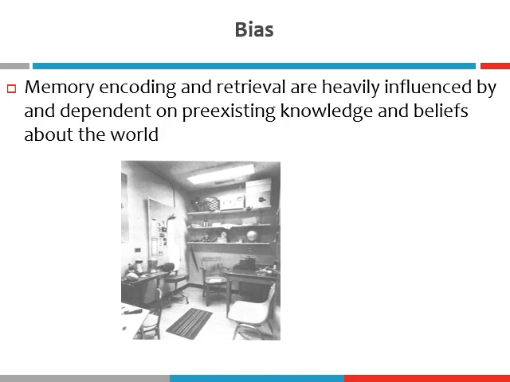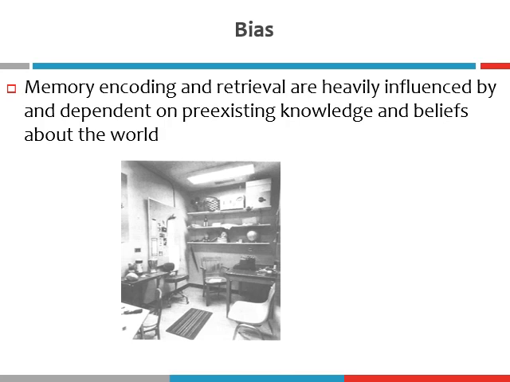People's schemas are telling them, incorrectly in this case, that there were books on the shelves, but our typical schema of an office doesn't usually include skulls. And so only 9 out of 30 participants recalled seeing a skull.